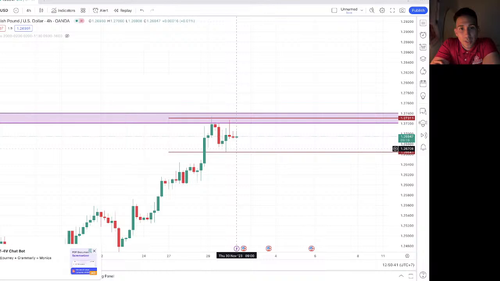So you just need to respect your biases. Like if your bias is going up, you just wait for a candle to break this area of resistance, and then make a structure to go up. So it'll be something like this.